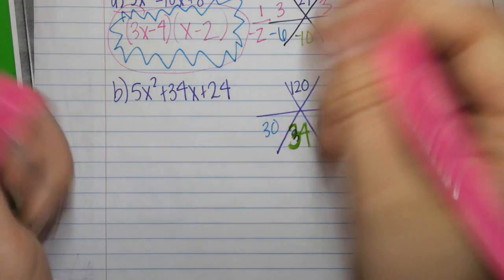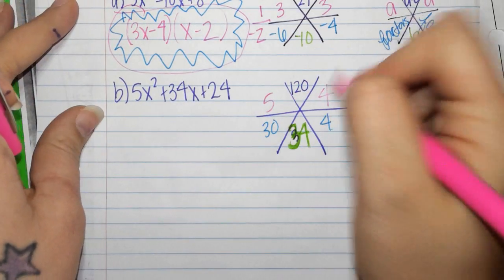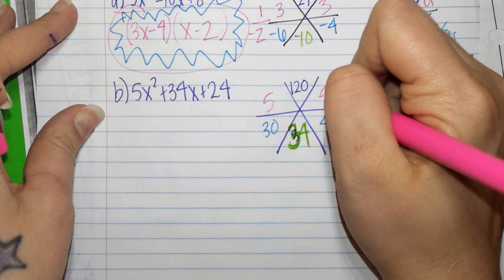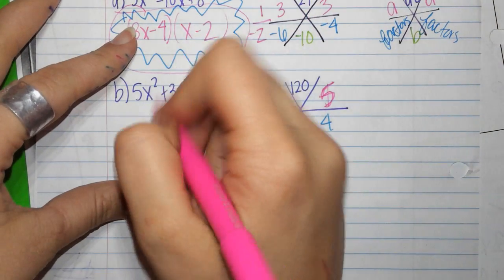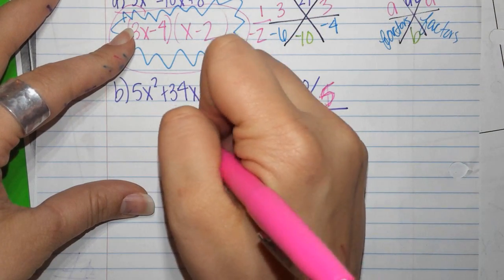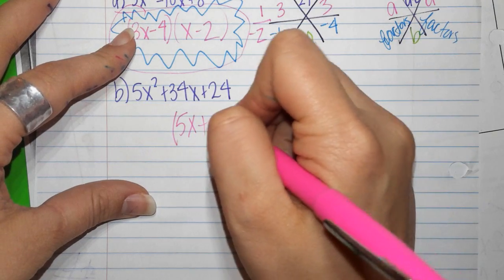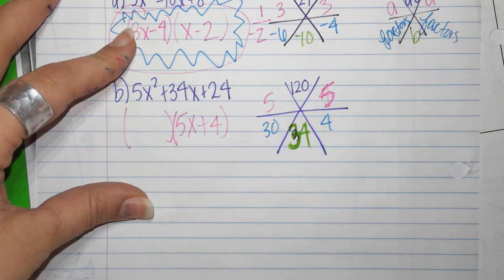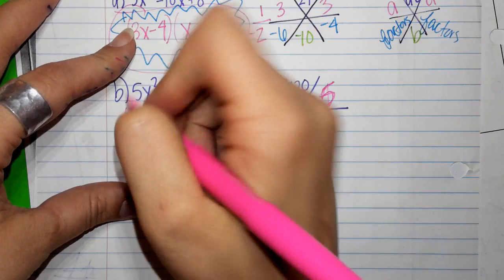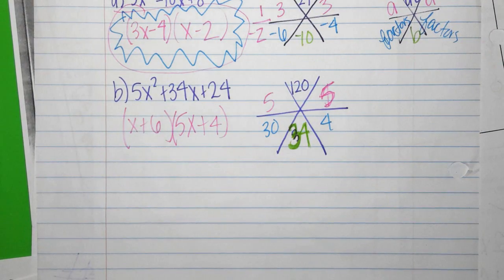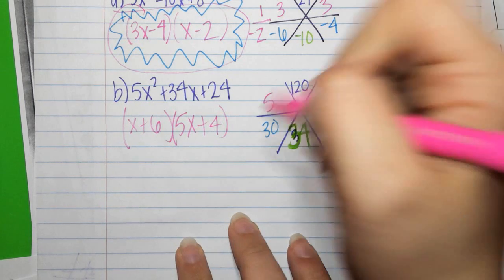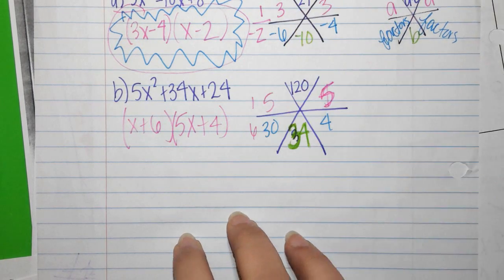Which fraction did not reduce? It doesn't have to be first. I could put it behind. So I could say 5x plus 4, and then up here, x plus 6. It doesn't matter which order you put them. Now, where did we get the 6 from? We reduced this to 1 over 6.